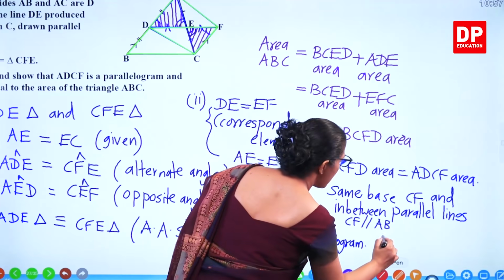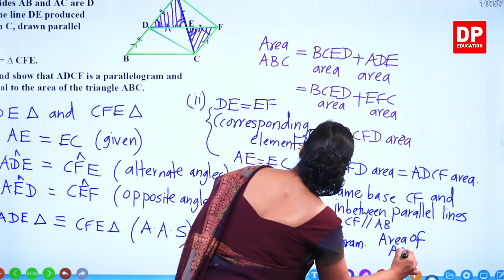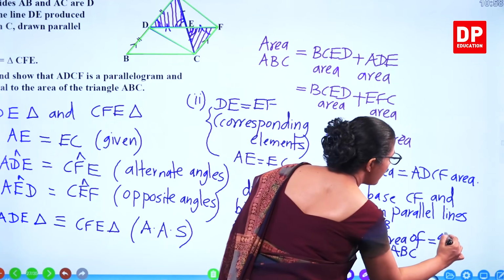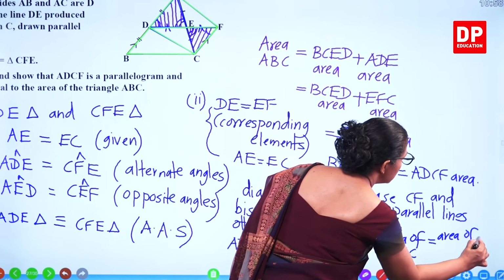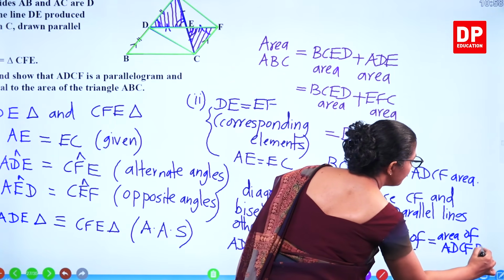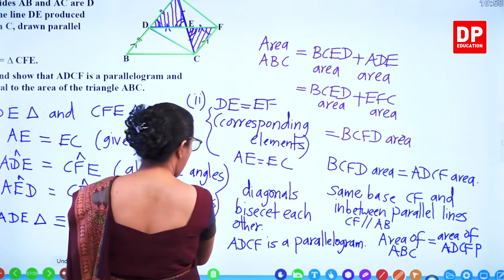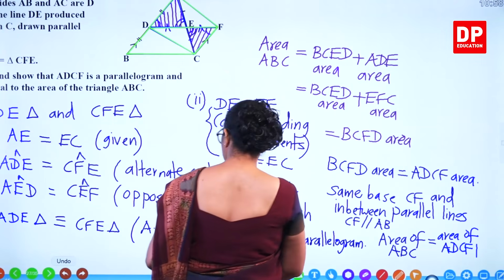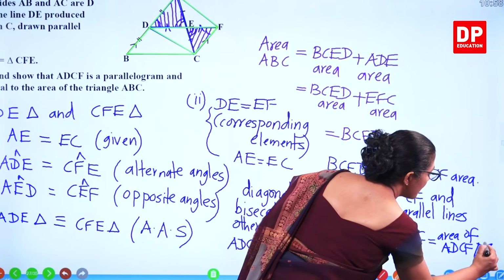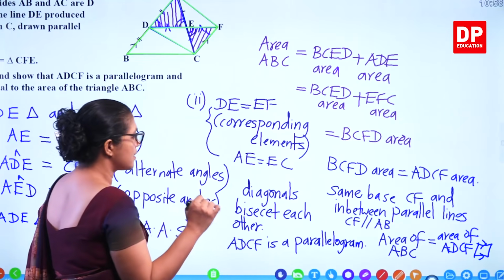So the area of triangle ABC is the same as the area of parallelogram ADCF. So that's the final part.